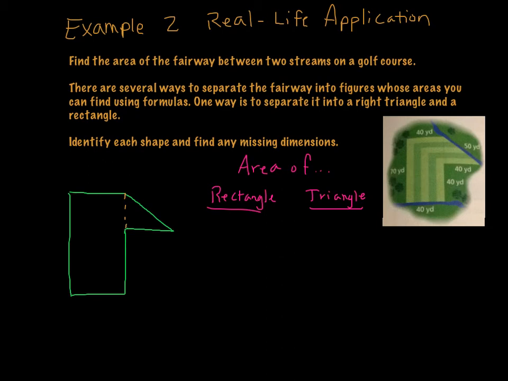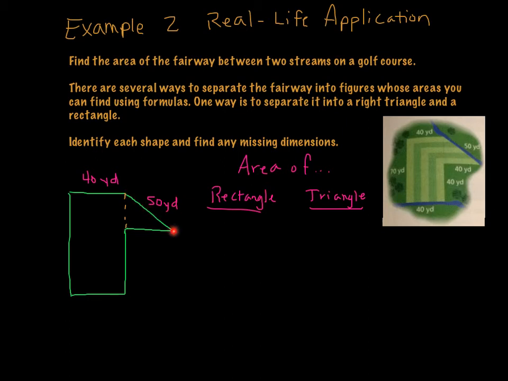Okay, so now I've got my picture over to the left. I've got my area of and my rectangle and my triangle that I'm going to set up. Now here's the tricky part. I'm going to fill in what they have for their numbers. So this up here, this line is 40 yards long. This one here is 50 yards.